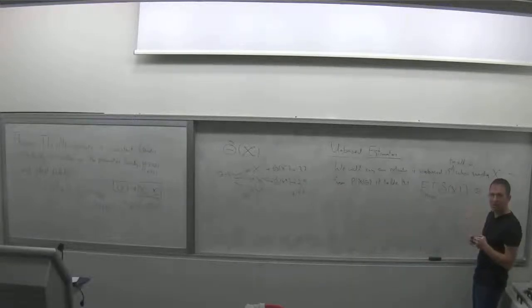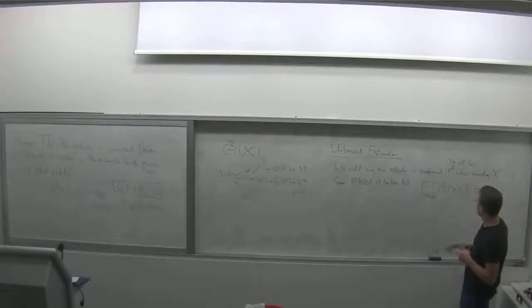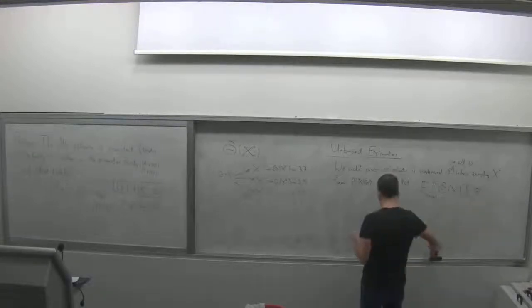For all n. Let's say this for a particular n. You could have an estimator that only works for n equals 5, right? And this is for finite n.